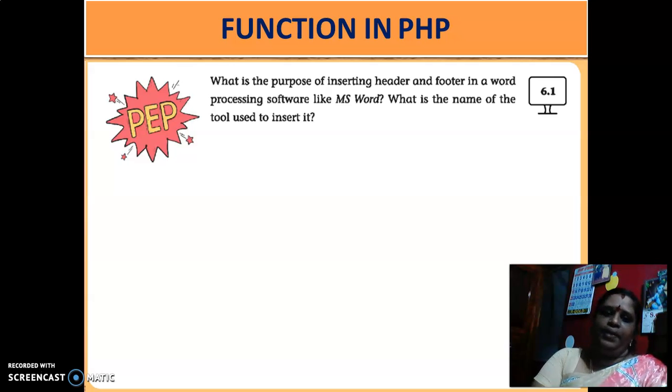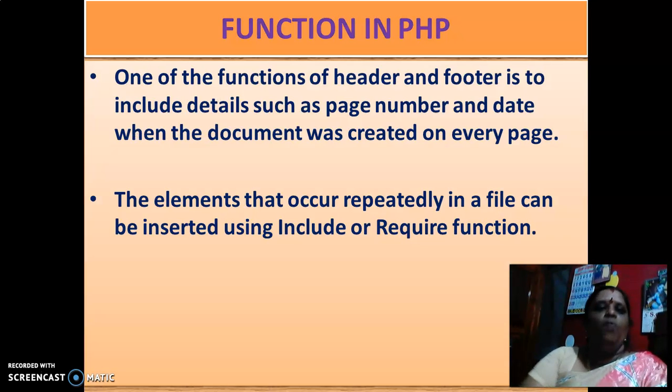You can verify it. Okay children, one of the functions of header and footer is to include details such as page number and date when the document was created on every page. The elements that occur repeatedly in a file can be inserted using the include or require function.